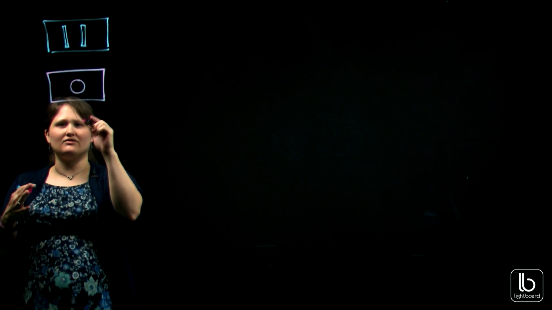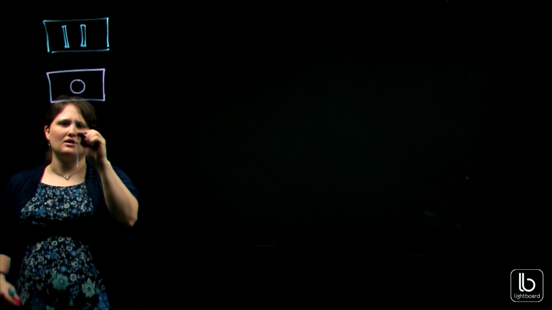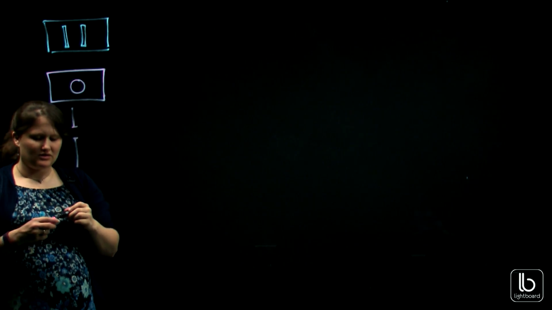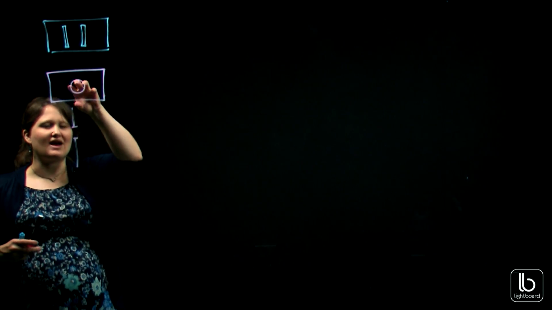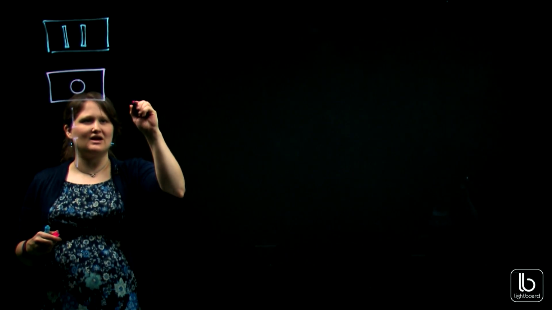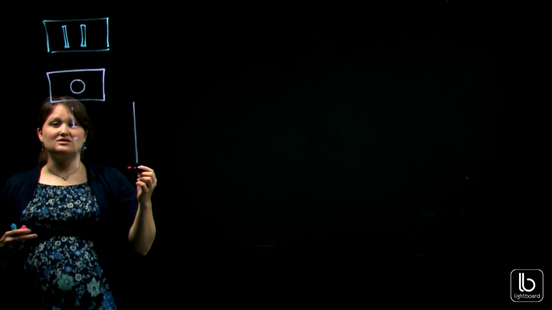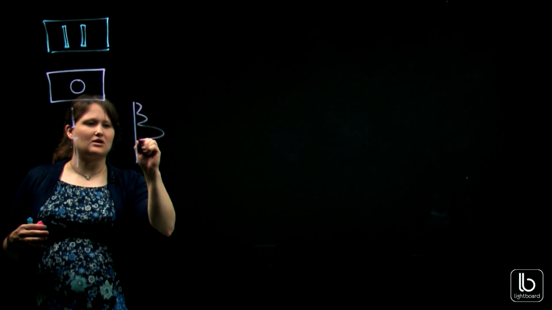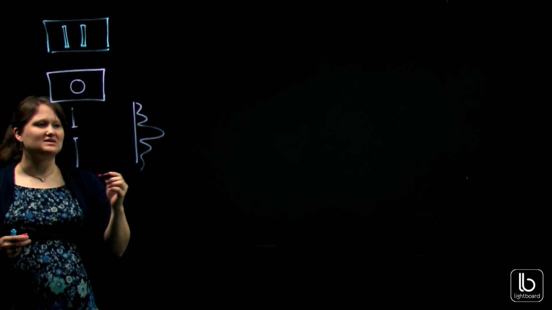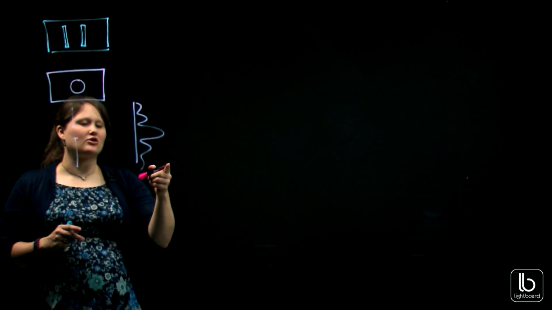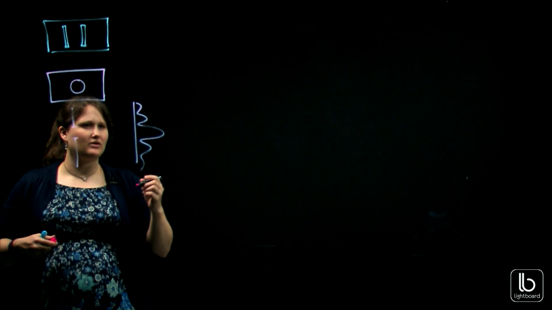If I look at it from edge on, it still just looks like my single slit. As it turns out, if I have a circle, the diffraction pattern that I get is really pretty similar to what I saw with my single slit. There is a slight difference. This is no longer a sinc function.